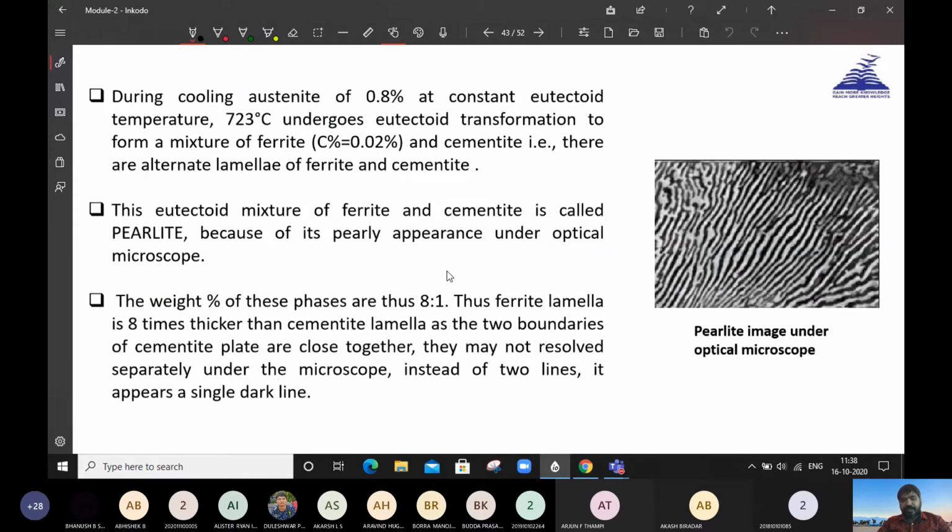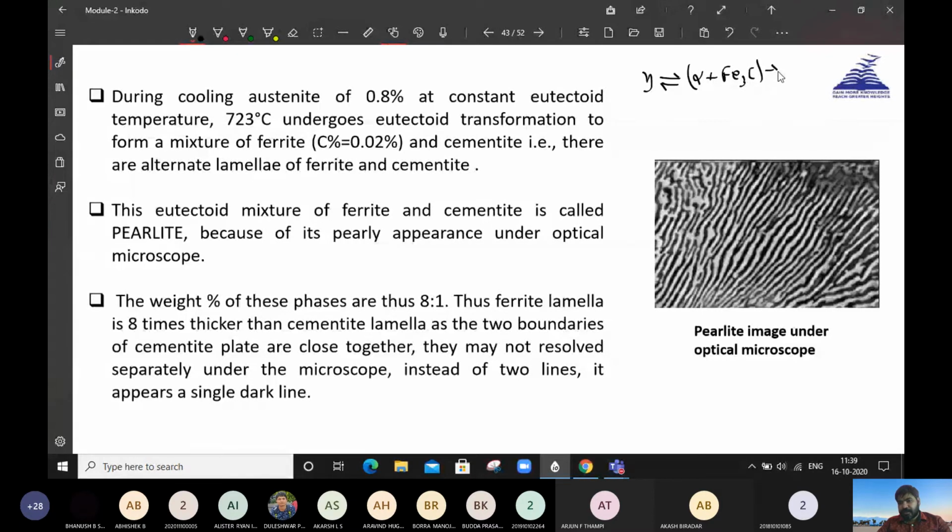Yes, during eutectoid reaction, I have told you gamma is going to give alpha plus Fe3C, and this mixture is known as perlite.